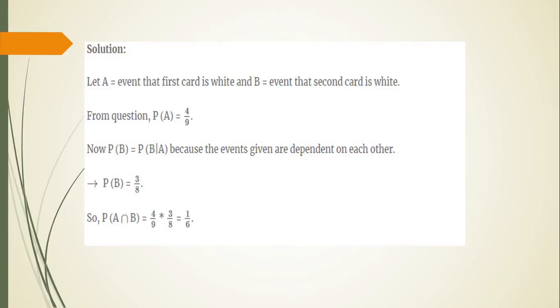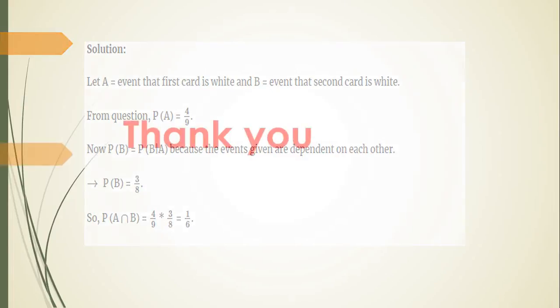From the question, the probability of A, the probability of getting the first card as white, is 4 by 9. Now the probability of B is the probability of B given A, because the events are dependent on each other. So the probability of B is 3 by 8. So the probability of A intersection B is 1 by 6.